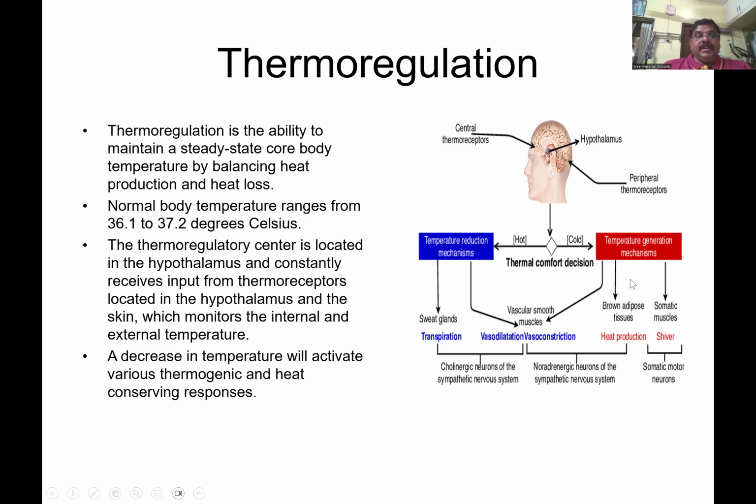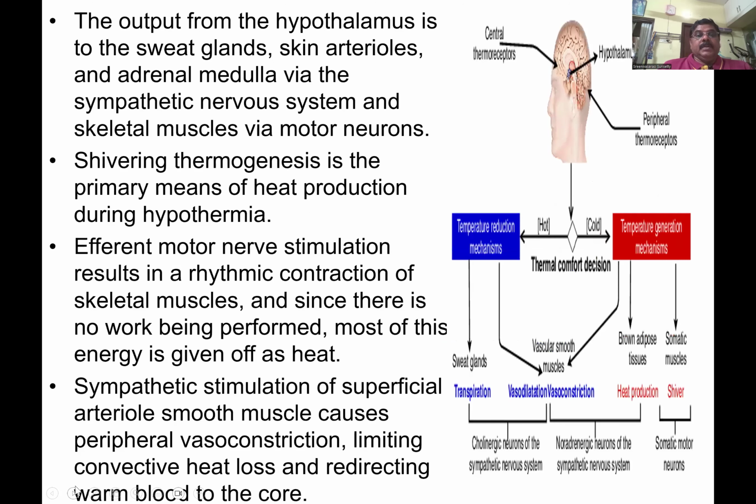Decreasing temperature activates thermogenesis and heat-conserving responses. The output of the hypothalamus goes to the sweat glands and skin arterioles, and the adrenal medulla via the sympathetic nervous system, and to the skeletal muscle via the motor neurons.